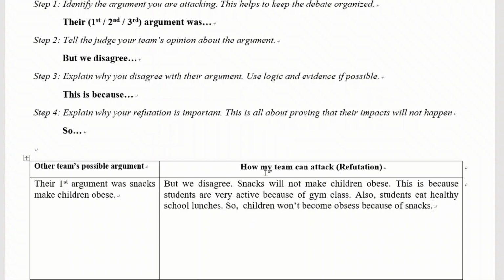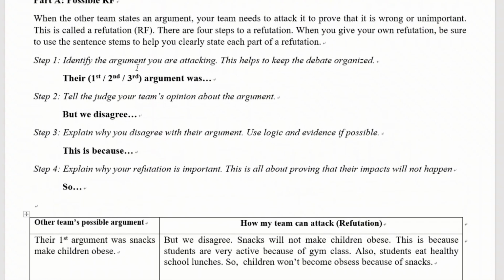Right, very simple, very easy. Tell us the argument you're attacking. Tell the judge your team's opinion about the argument. Explain why you disagree with the argument, and then explain why your refutation is important. So this is your impact, your final impact.